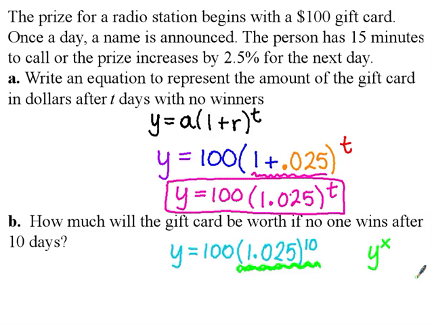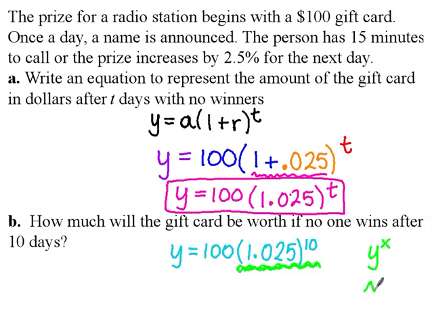Then you'll hit enter, and you'll take it times 100. Some of you others, you don't have a Y to the X key. You have one of these caret keys. It looks like a little hat. You're going to take 1.025 caret 10, hit enter, and then take that times 100.